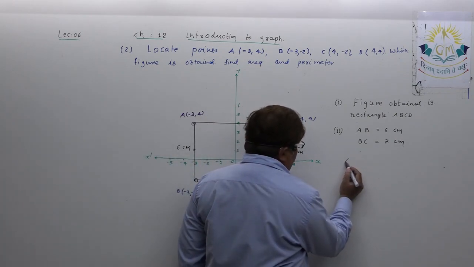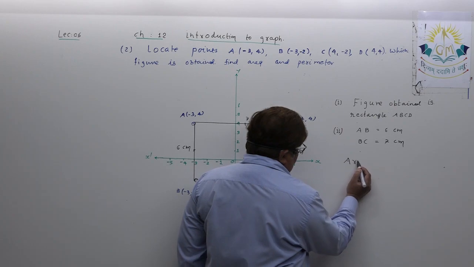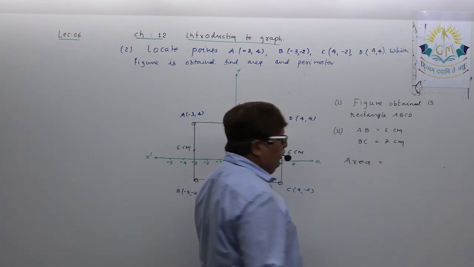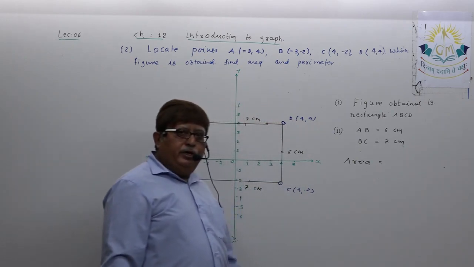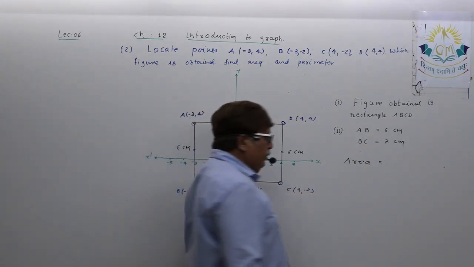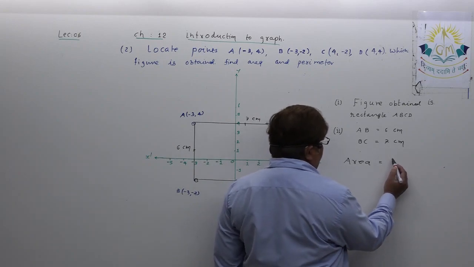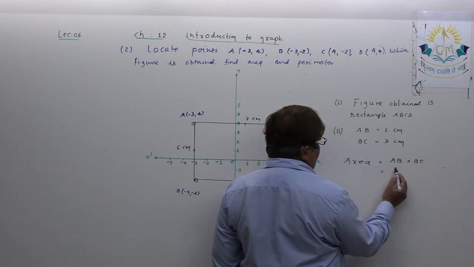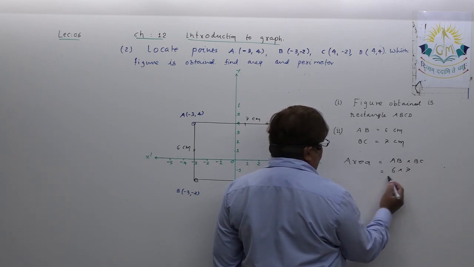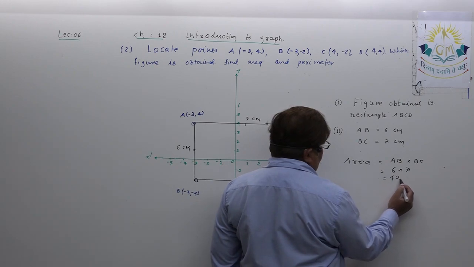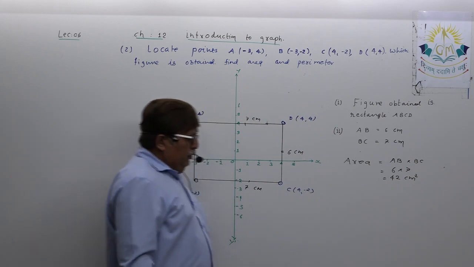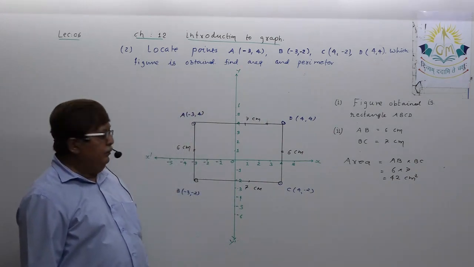Okay, first area. What is the formula for area of rectangle? Length into breadth. As you all know, AB into BC, length into breadth, 6 into 7, 42 square centimeter. We got the area.